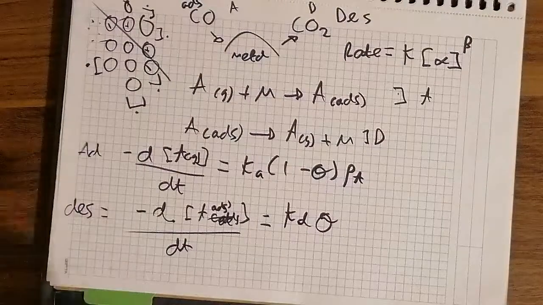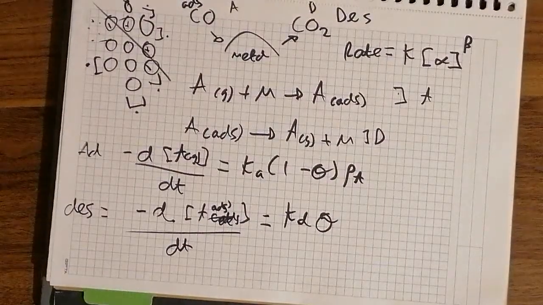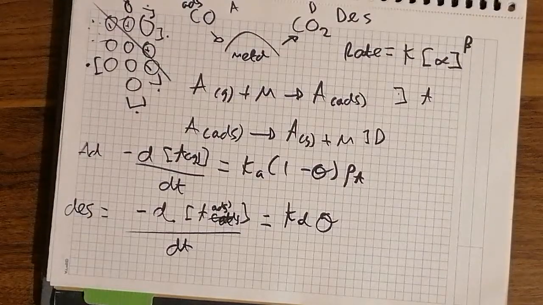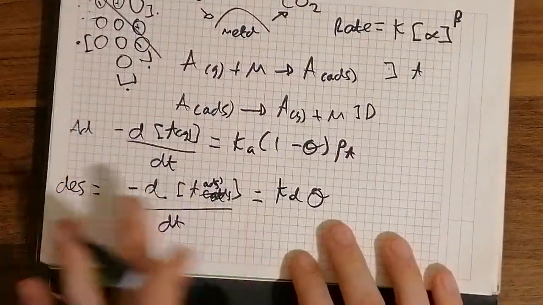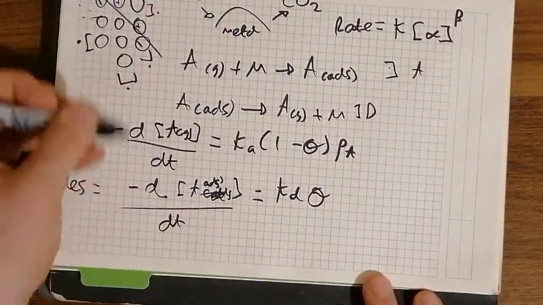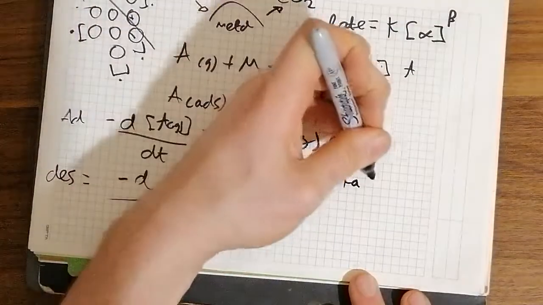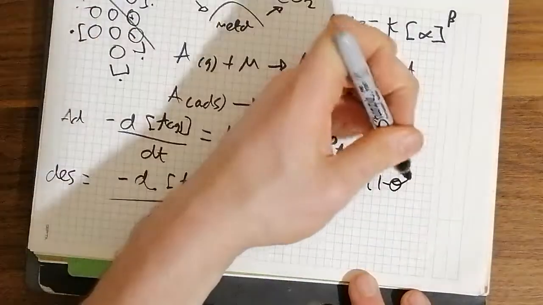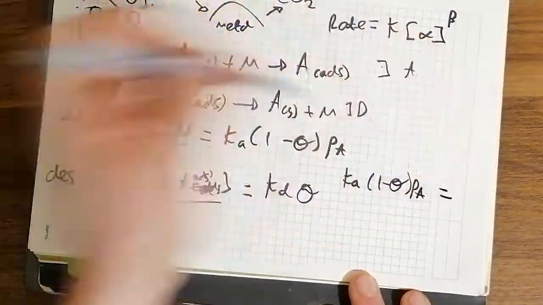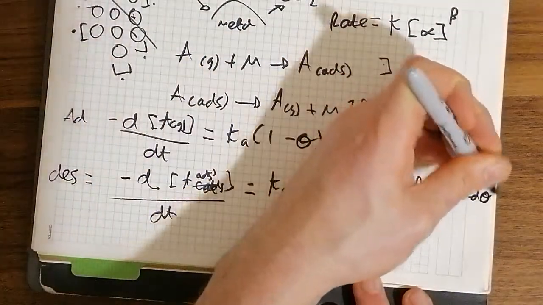Because chemists hate calculus, well, I don't mind it, but the general consensus is chemistry people don't like maths. So we're not going to integrate or anything, we're just going to set these equal to each other. Forget the rate equations. So you can just say Ka, 1 minus the surface coverage, partial pressure. The adsorption equals the desorption, so Kd theta.